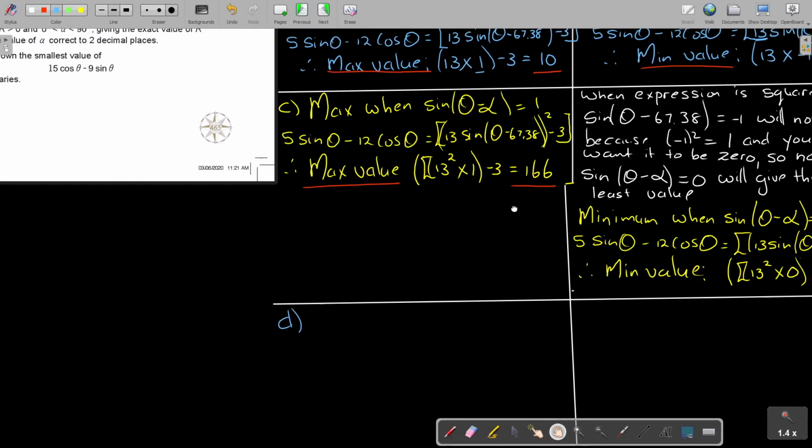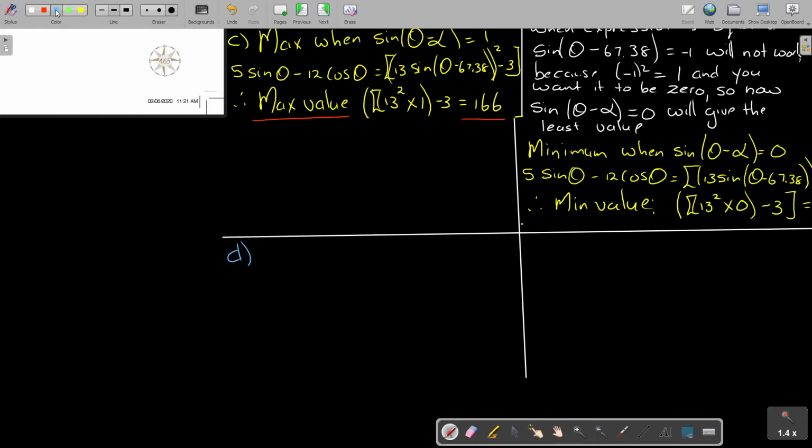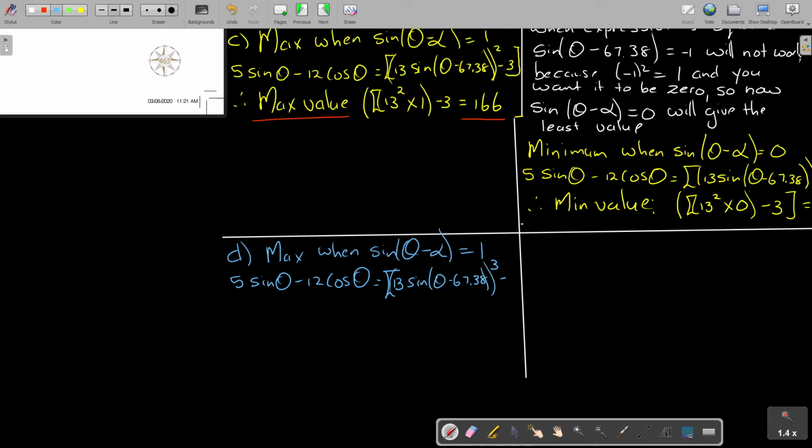Okay, so let's just start. For this one, a max when sin, and this is just like I did the previous ones, minus the cubed, and it's 1. So therefore, 5 sin theta minus 12 cos theta is equal to 13 sin theta minus 67.38, and that is to the power of 3 minus 3.